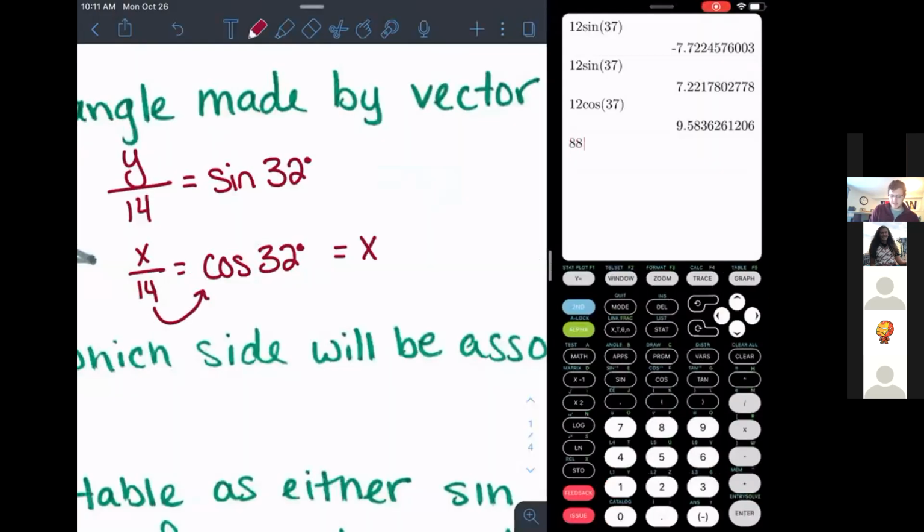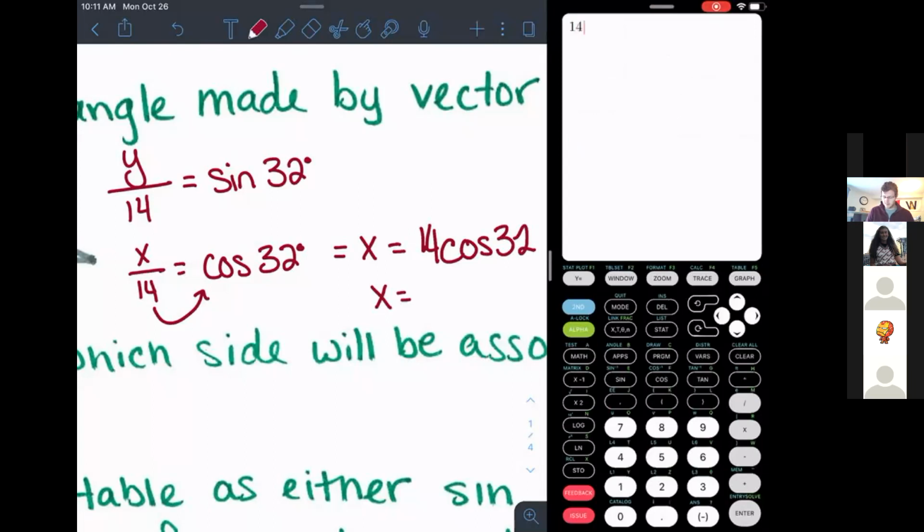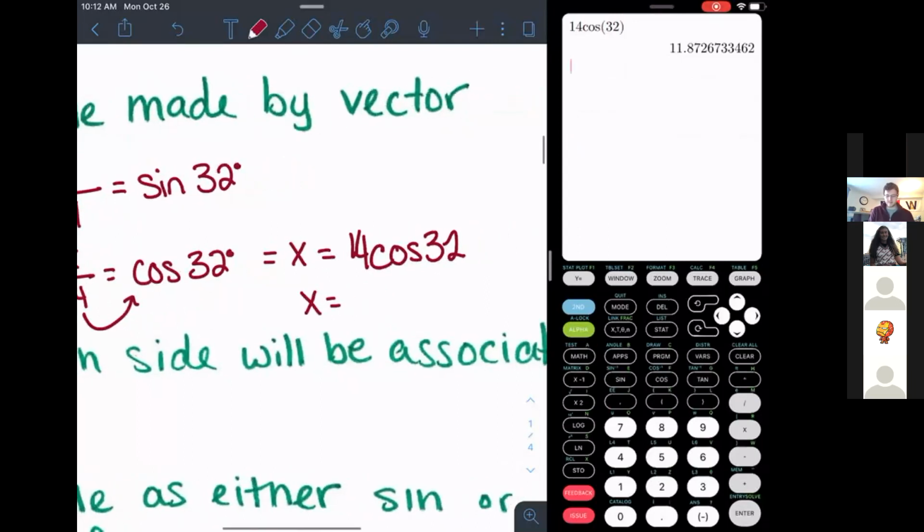So we have x equals 14 cosine of 32. And so x equals, if we do 14 cosine of 32, we get 11.87.